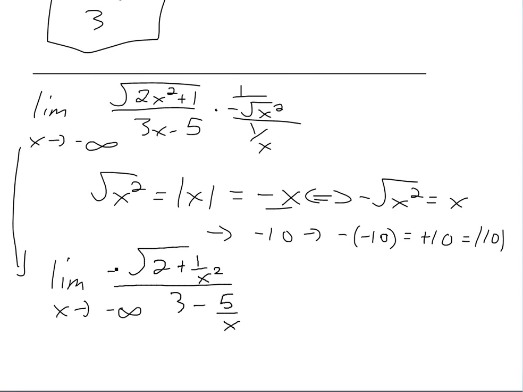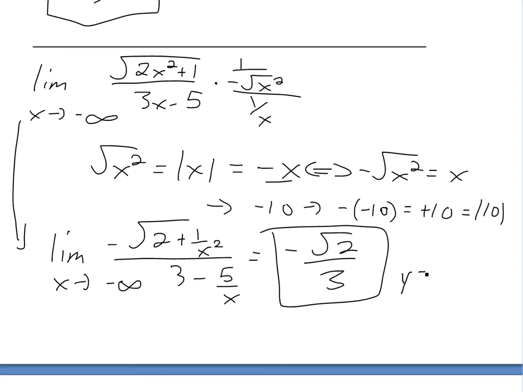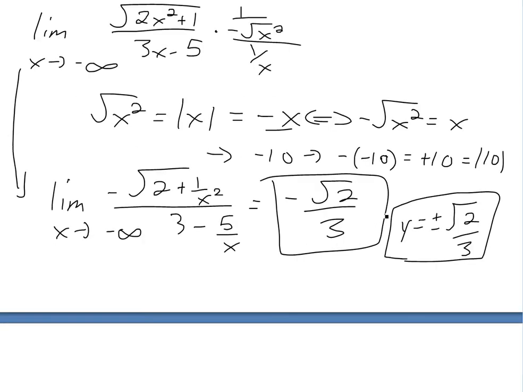The only difference is the negative, and once again you plug this in and we get negative square root of 2 over 3. So now we have horizontal asymptotes of y equals plus or minus square root of 2 over 3. These are horizontal asymptotes, and the vertical asymptote is x equals 5 over 3.